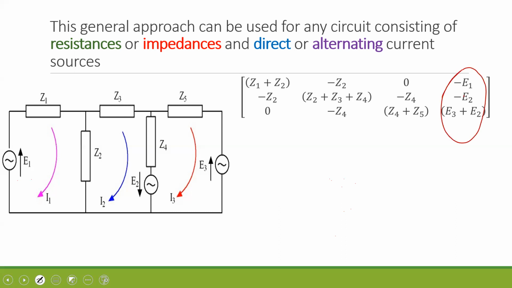Now that is when it's in the matrix. So it means that all of this would be equal to 0. All right? Now, here is where it makes life even simpler. I want you to look at each mesh.